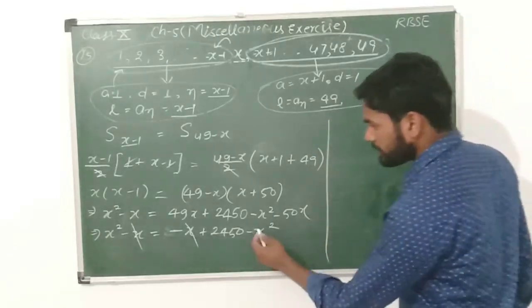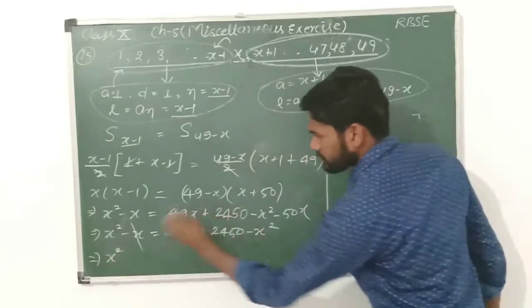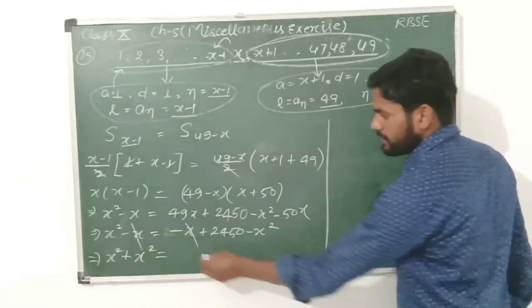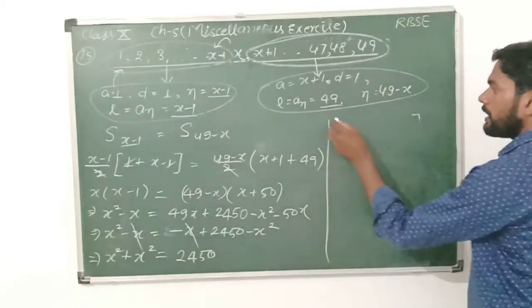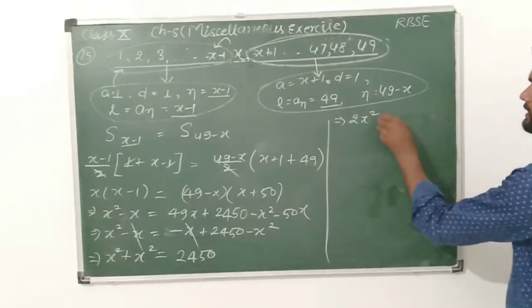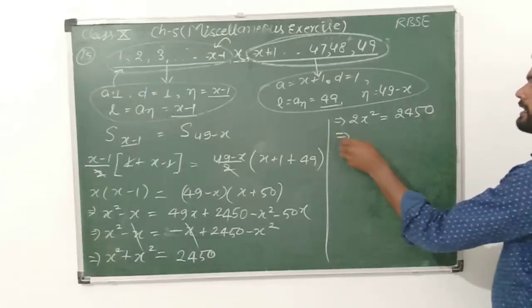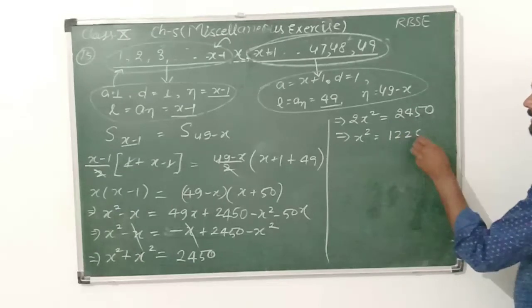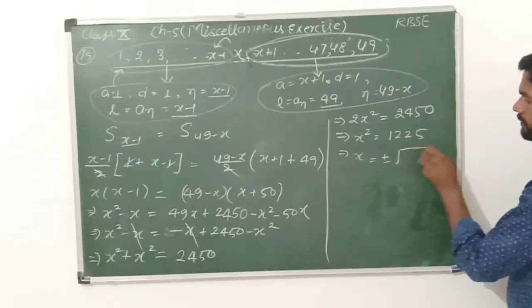Minus x cancels by minus x. Now transpose x square to the left side, then it becomes positive. The left side becomes 2x square, which is equal to 2450. Finally x square is equal to, dividing by 2, 1225.